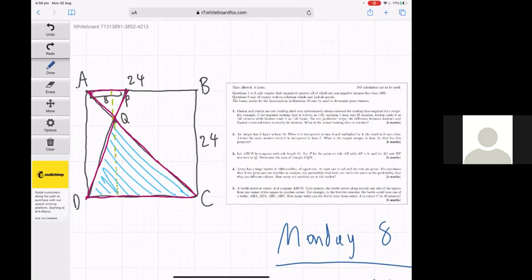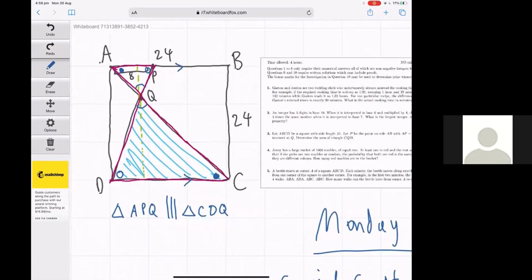And that is because these angles are vertically opposite to each other. This side is parallel to this side in the square, which means that by alternate angles, this angle is the same as this angle. And also this angle is the same as this angle. So same angles, and that means that triangle APQ is similar to triangle CDQ.